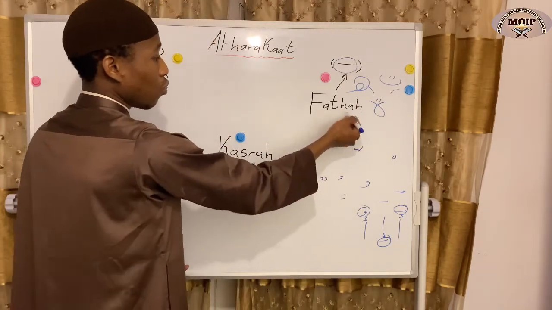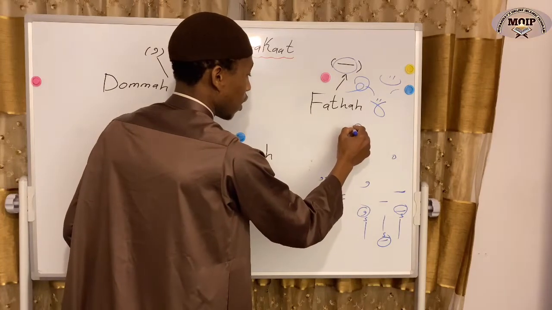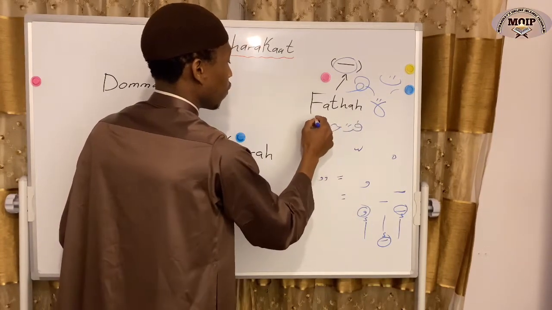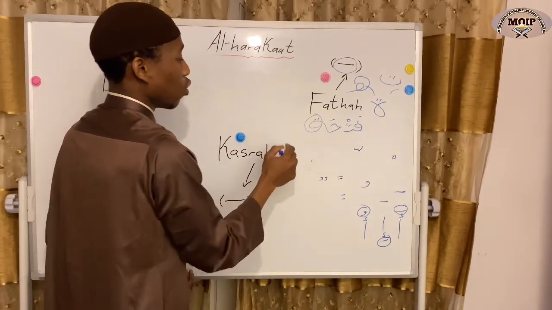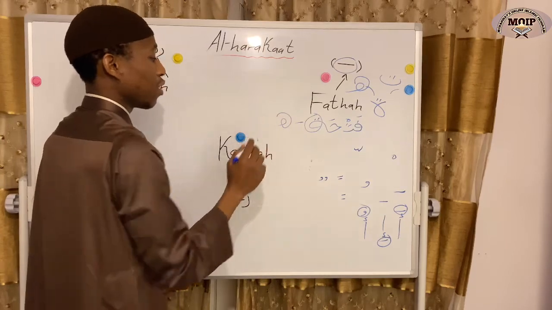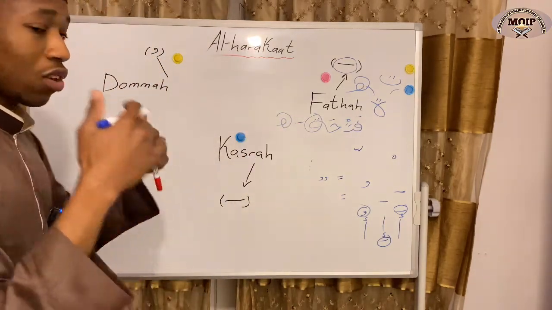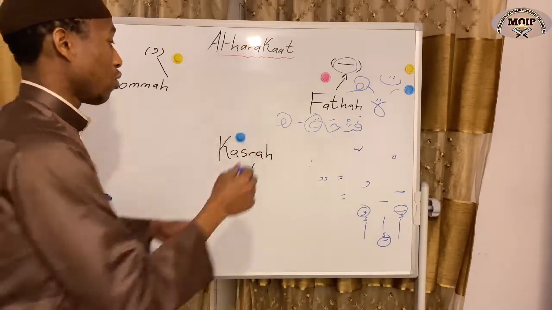So this word ends with ta marbuta. Okay, let me write it in Arabic. Fatha. Because of this ta marbuta, we have to make the ha sound. That's the ruling. Always, if there is ta marbuta at the end of any word, if you are stopping, you use the ha sound.